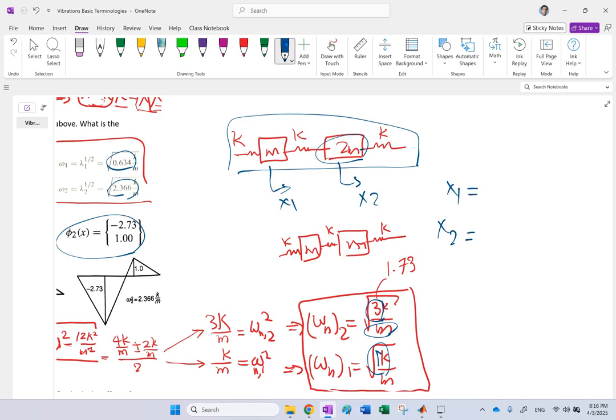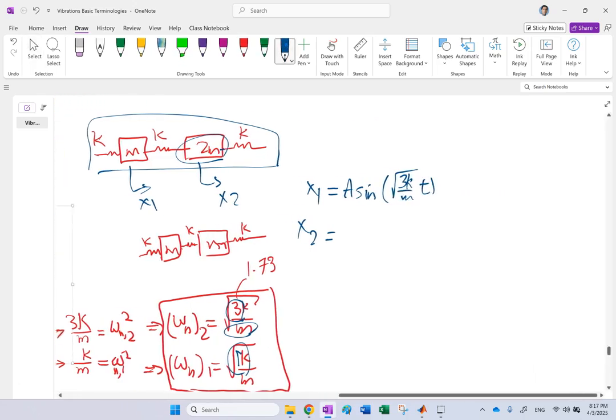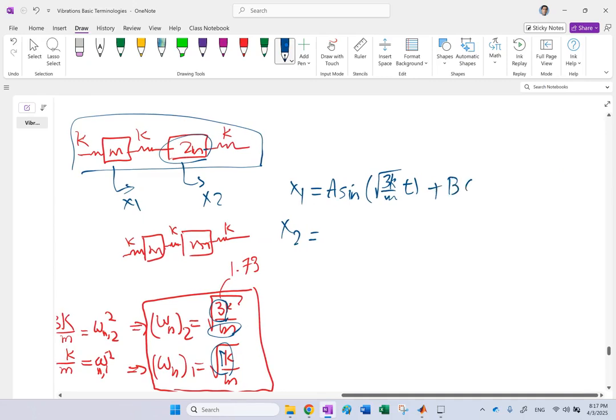One of them is with this frequency, so like a times sine of square root of 3k over m times t. Sine of that is a harmonic. And the other one is, for instance, b times cosine of that, or you can add a phase if you want. So let me add a phase to make life easier. So add a phase. And then this is the first harmonic in it, and then the second harmonic is going to be something like this.